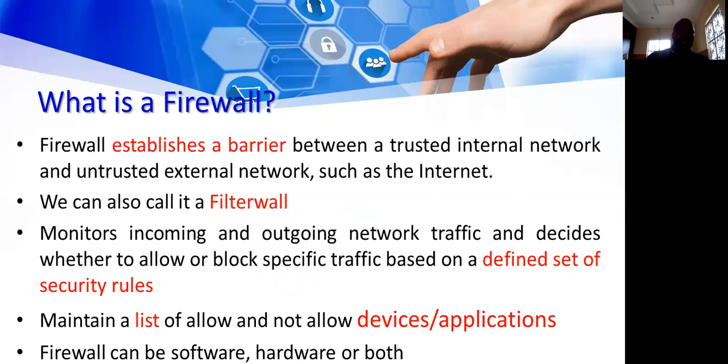So you need something that will establish a barrier, something that will act like a filter, in between your internal network and the internet, which is the untrusted external network.